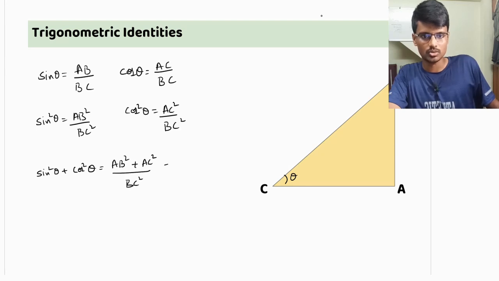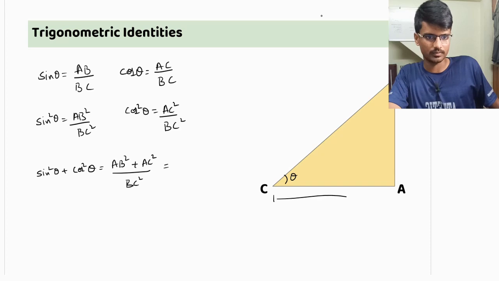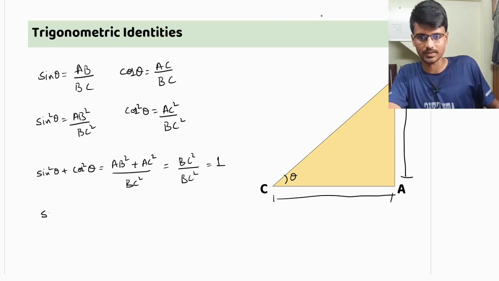What is AB square plus AC square? It is nothing but BC square, using the Pythagoras theorem. So I get 1. This is a standard identity: sine square theta plus cos square theta is equal to 1.